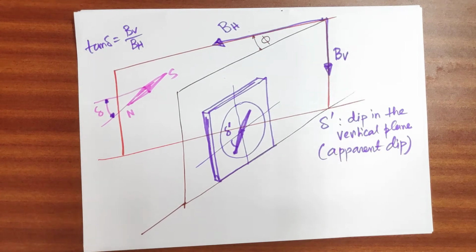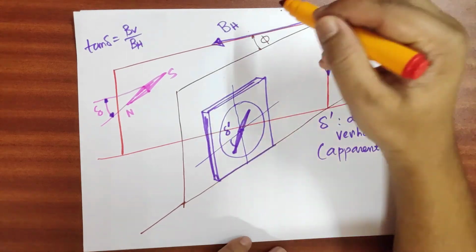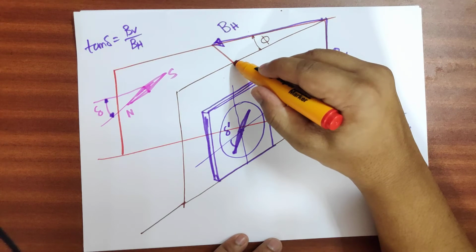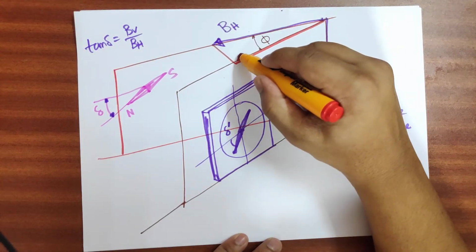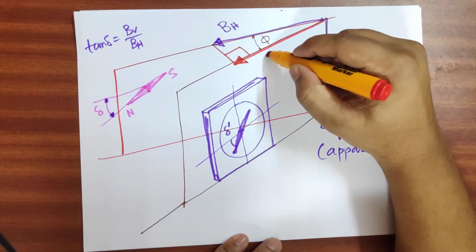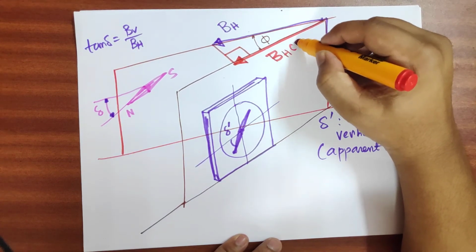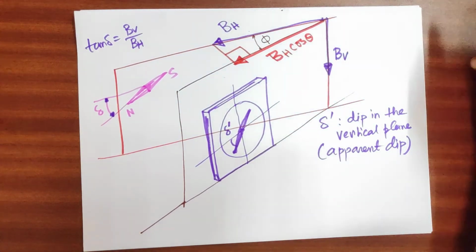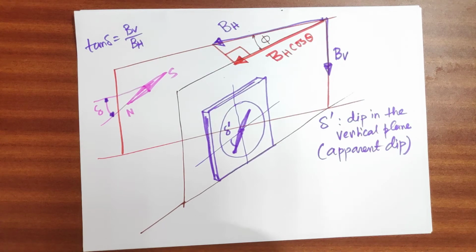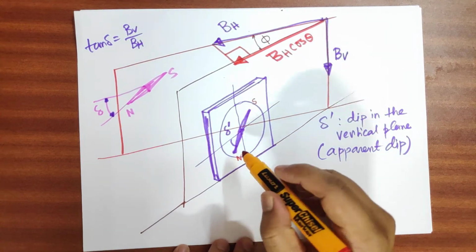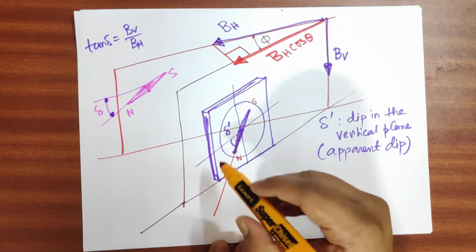So let's see what is the meaning of this apparent dip. See here, the component of BH in this vertical plane is actually BH cosine theta, and as you see, the vertical component remains the same for the vertical directions. It's all the same. So for this magnetic needle, south here and north here, it will point here.